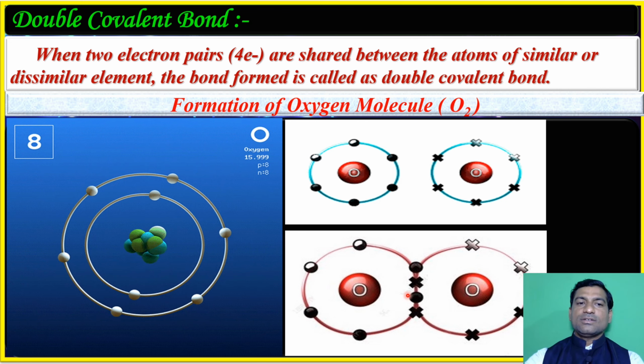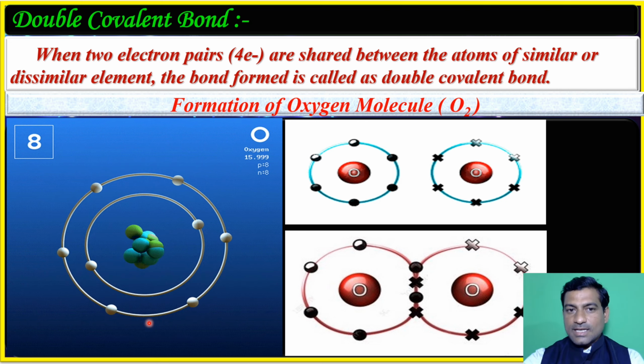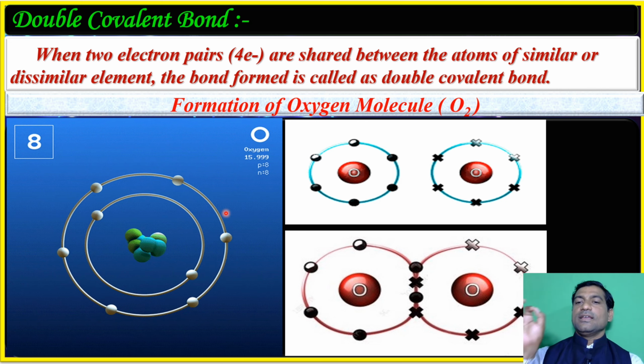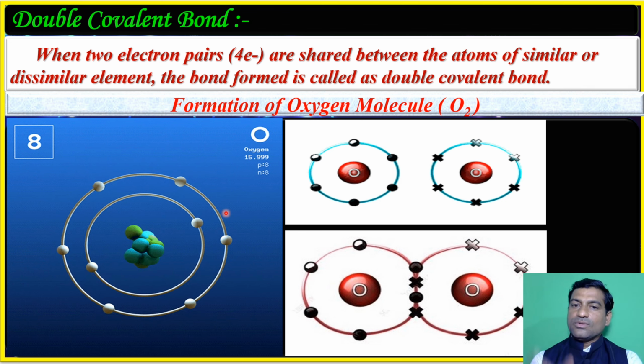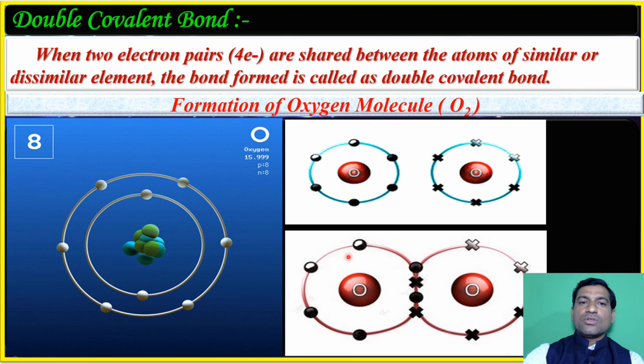For example, oxygen. The atomic number of oxygen is 8. Means first orbit contains 2 electrons, second orbit contains 6 electrons. Means the oxygen is short of 2 electrons, or oxygen requires 2 electrons to complete the outermost orbit. So the oxygen can share its 2 electrons.